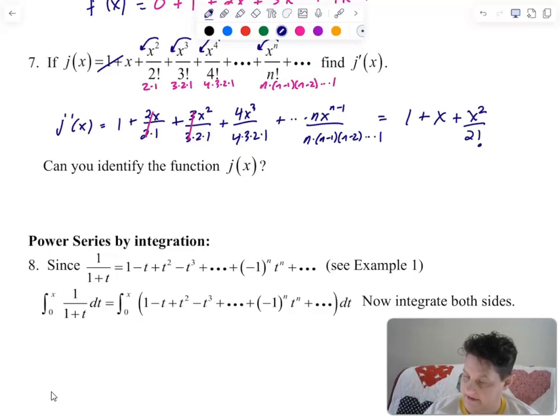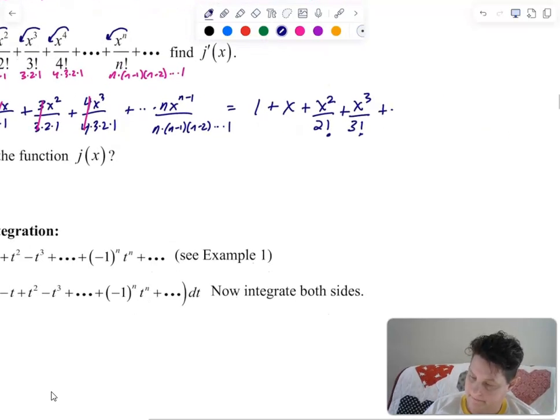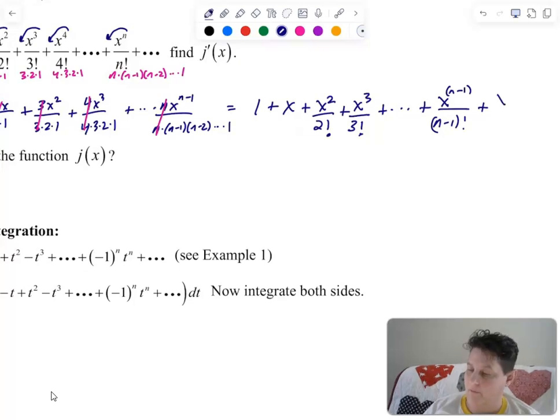On that one, the 4's will cancel out, so I get x to the third over 3 factorial. On this one, the n's cancel out, so I get x to the n minus 1 over n minus 1 factorial, which, if I went one more term, would be x to the n over n factorial.